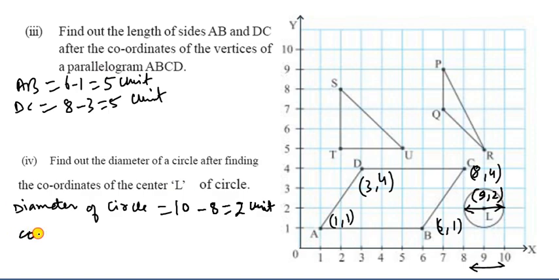And the coordinates of the center L, here is 9 and here is 2. You have to see on the y-axis, so the coordinate of L is 9 and 2.